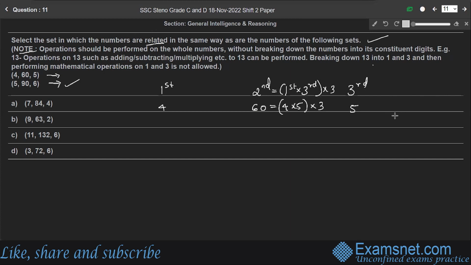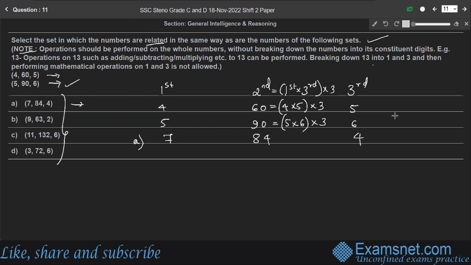Similarly, the second set of numbers, so 5, 90 and 6. 90 can be written as product of first and third number, so 5 into 6 is 30, into 3. So among 4 options, which option follows the same logic? For that, first option 7, 84 and 4.